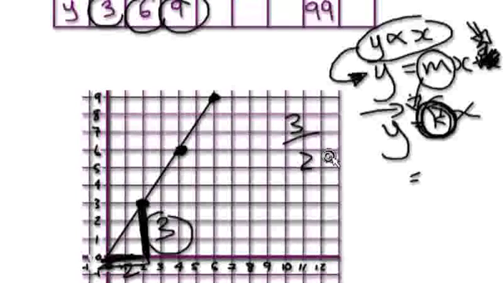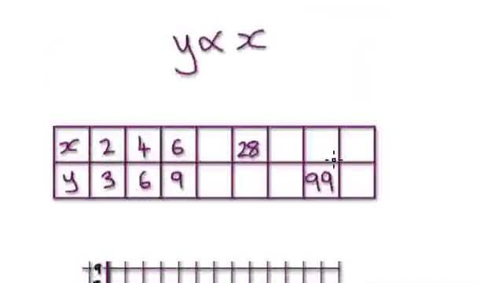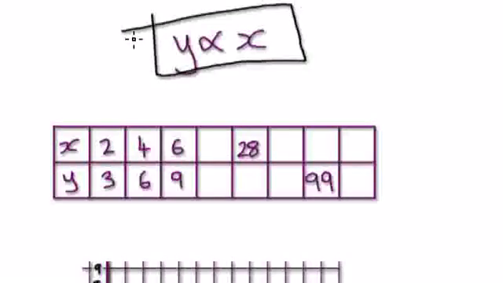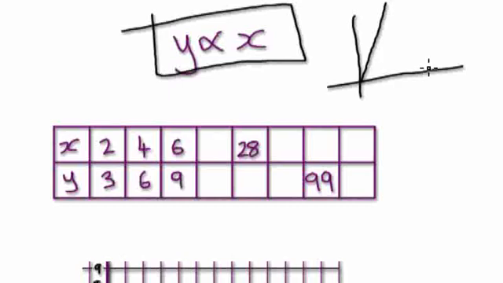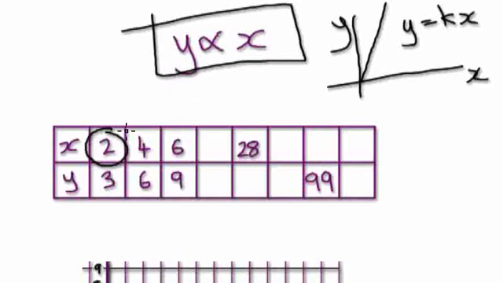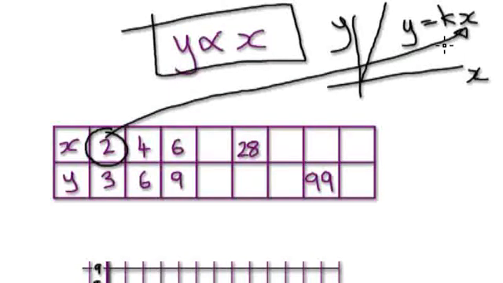But let's just pretend we didn't know that. We're told that y is directly proportional to x, so you know it's going to be a straight line, y equals kx. This k is the gradient, but let's say you didn't know it.